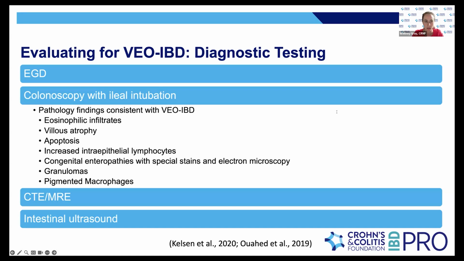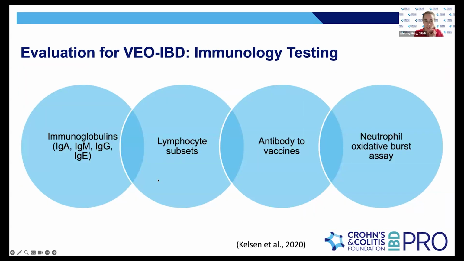And then, of course, we always do our small bowel imaging with CTE, MRE, or intestinal ultrasound. So typical workup there. And then if we find that this is IBD based on that testing, we move on to more the specific VEO-IBD testing.